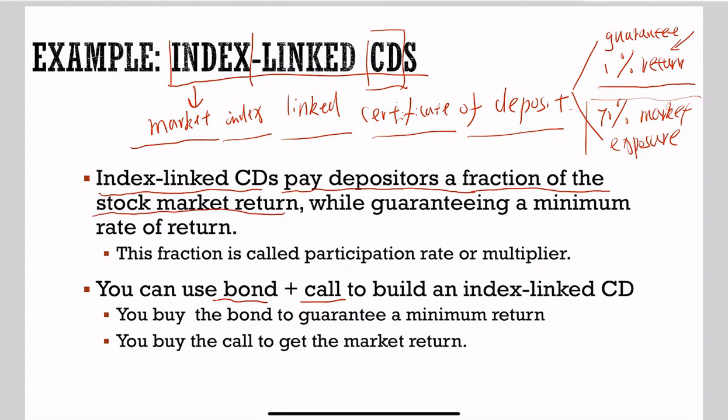Now, what is this percentage? This percentage is called the participation rate or multiplier. So if you look at our example here, this 70% is the participation rate or multiplier.